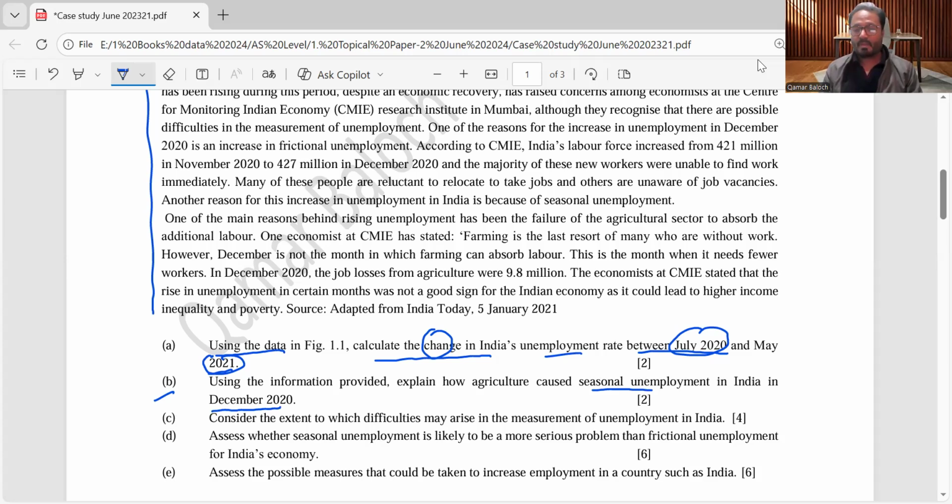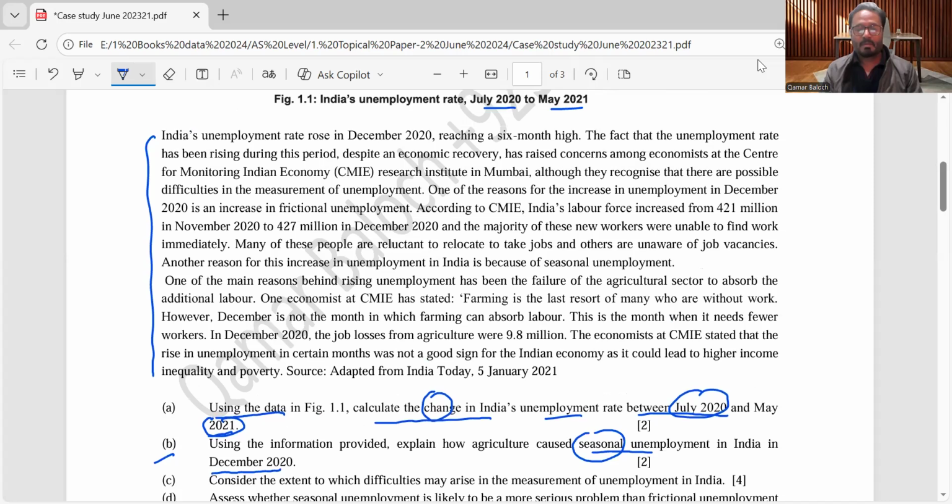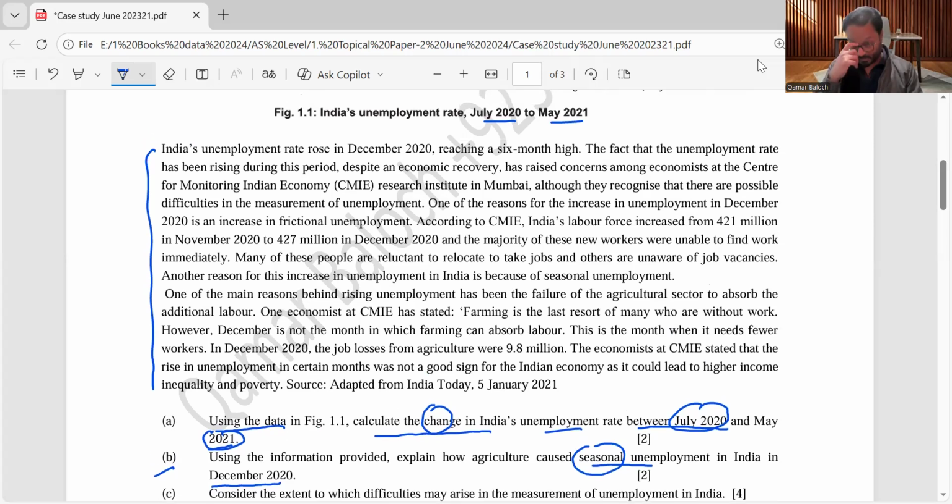So you have to find out how it caused seasonal unemployment. If we move back to the data, the data clearly mentions that December is not a good month for India because it is mainly dependent upon the agriculture sector. If you read this, you will find this information here: in December 2020, the job losses from agriculture were 9.8 million.